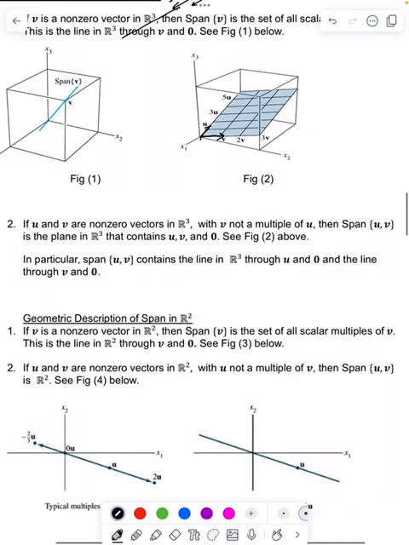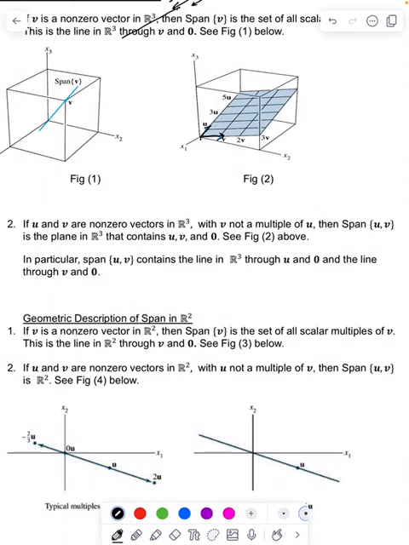Again, if we have a single vector in R2, then the span of that vector will be a straight line through the plane. It will be the line joining the origin and the tip of the vector, so the span of that single vector will be a line.